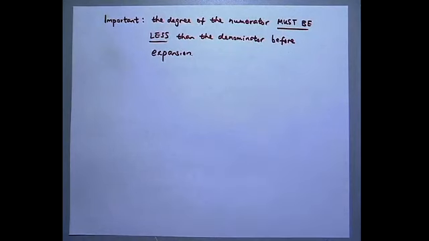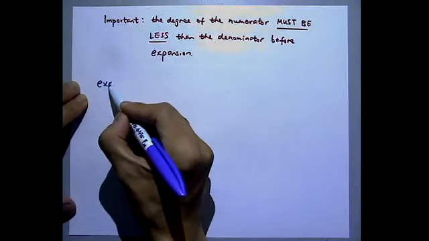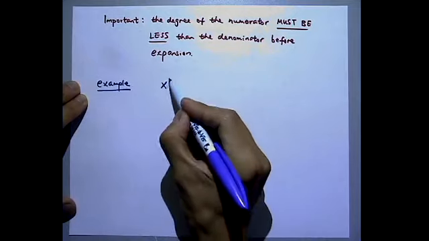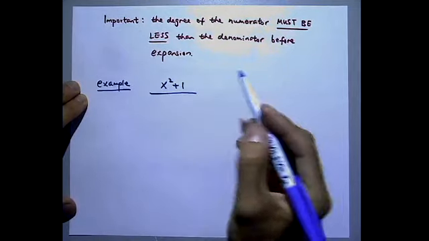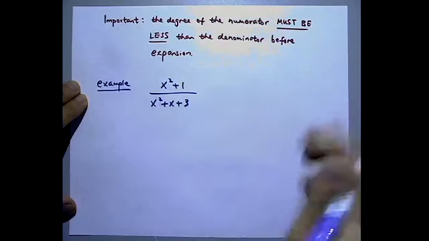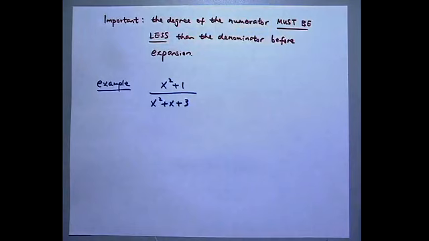And when that's not the case, then you've got to do something about it. So here's an example. Here we have a second degree on the top and the second degree in the denominator.